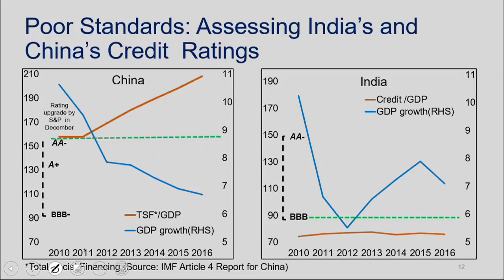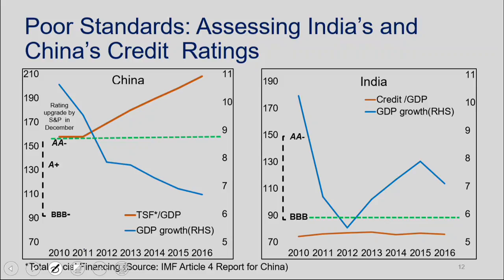But on the other indicator, total social financing, which is the Chinese term for credit, look at it, it's gone up from, and deliberately we've done both on the same scale. Again, it was supposed to be the same scale, but it's not quite, but they're broadly the same scale. Again, we want to show that, look at both the level and the change in credit to GDP. Look at where China is and look at where India is.